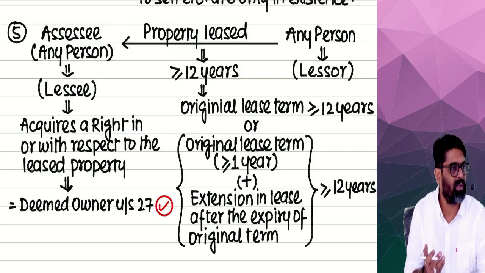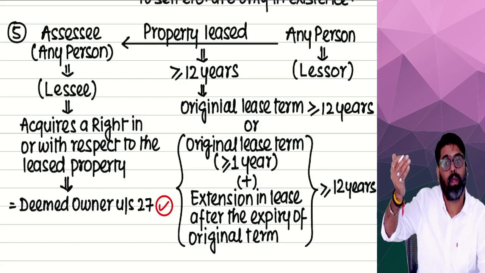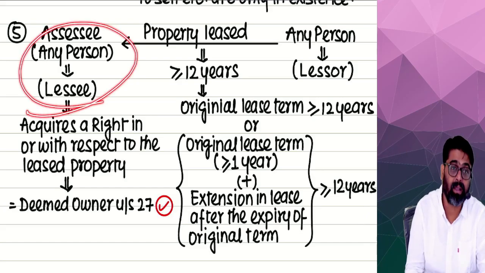It is not necessary that the original lease term should be 12 years or more. If it is 12 years or more, definitely it is a long-term lease and the lessee will get the right.